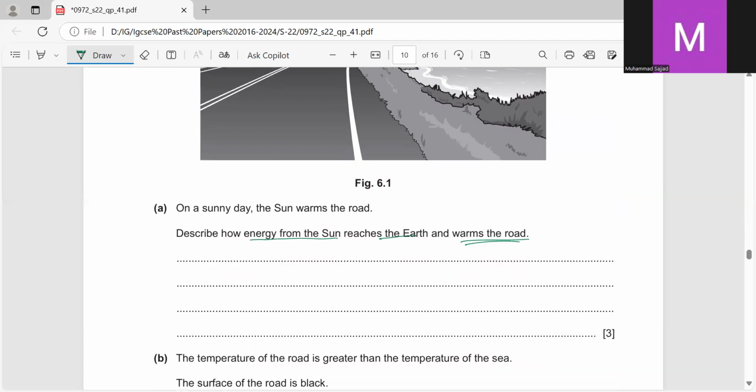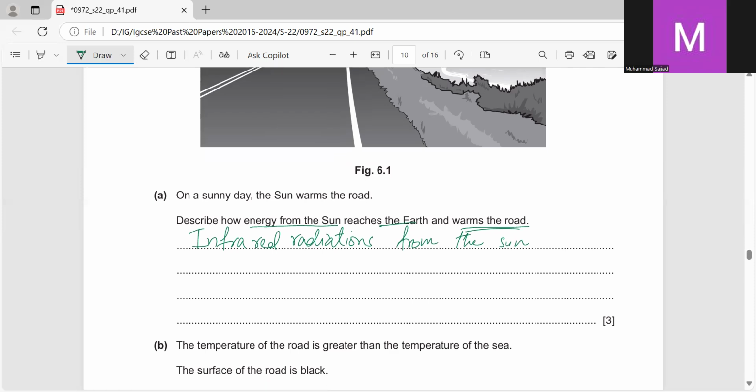We can say infrared radiations from the sun reach the earth and warm the earth.